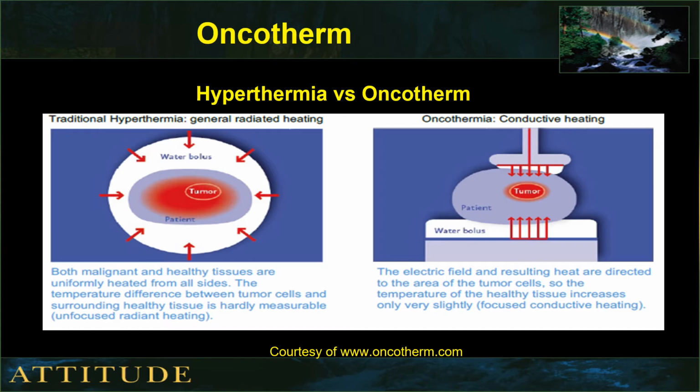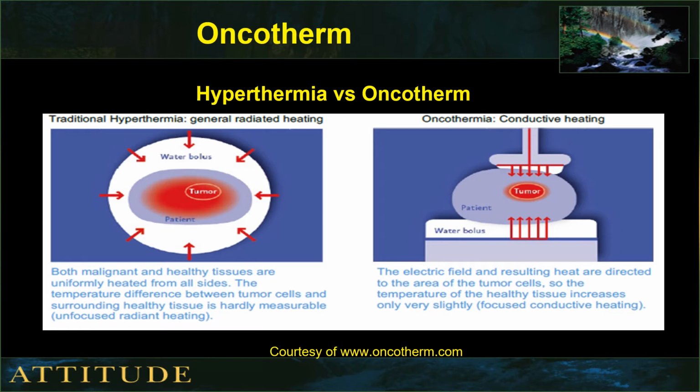Oncotherm utilizes hyperthermia, which is the increase of temperature, but the difference is Oncotherm is more targeted. It targets specifically the cancer cells, whereas with hyperthermia you're just heating up the whole system, and by doing so you are invariably also heating up the tumor. Again, Oncotherm is much more targeted.